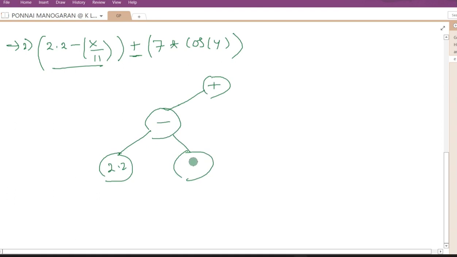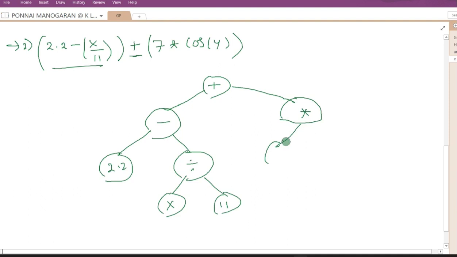And you can see, all these are self-explanatory. So x, and this is 11. For the plus operator, this is the right subtree. Again you have another subtree here. You can put multiplication, and then 7, this is a cost function, and you can apply y.